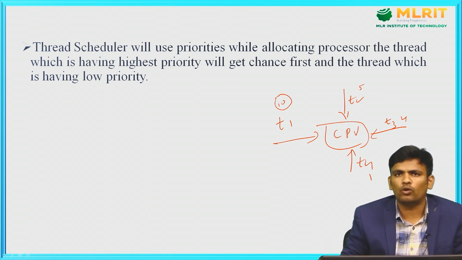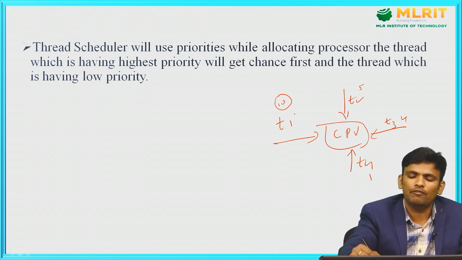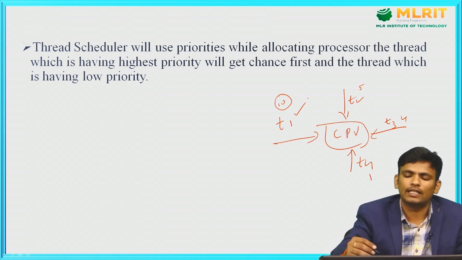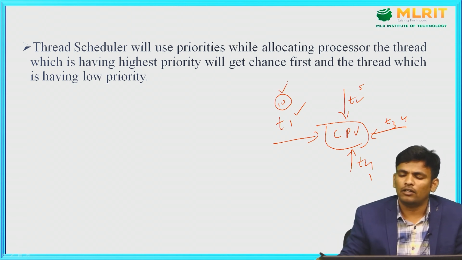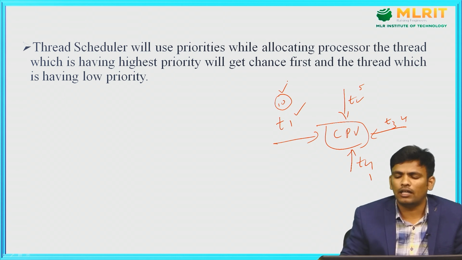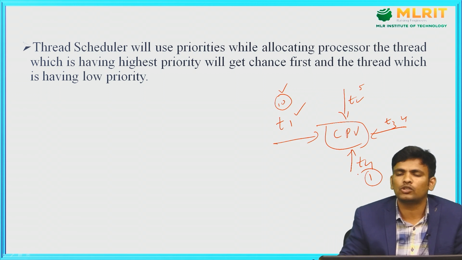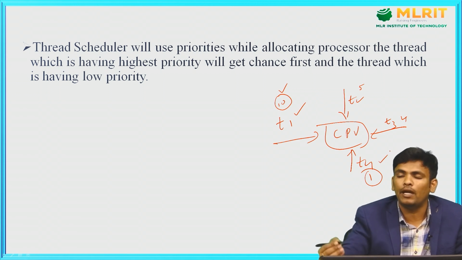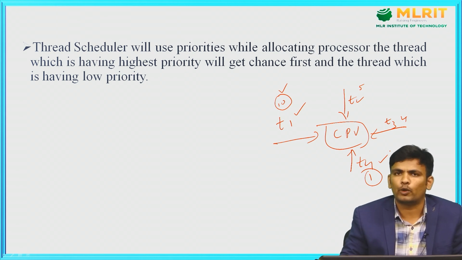Among these 4 threads, T1 has the highest priority, so the CPU may consider T1 first because its priority is 10. The thread with the least priority, T4, may get a chance after execution of all the other threads.